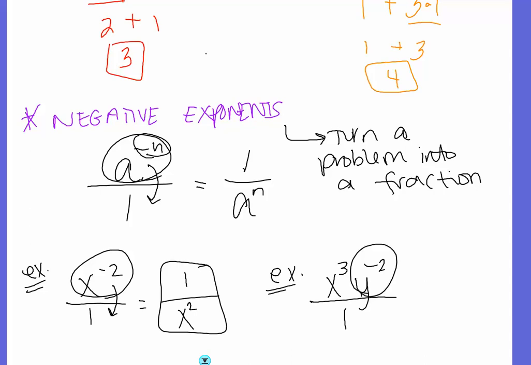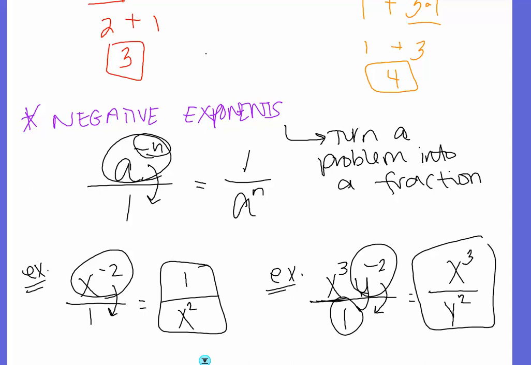Well, y has a negative exponent, so I'm going to move it down. So y squared moves down, and when it moves to the bottom, it turns positive. And I no longer need that 1, because 1 times anything is just itself. Now notice x cubed didn't have a negative exponent, so am I going to move it? Nope, it's going to stay right on top. And I'm finished.